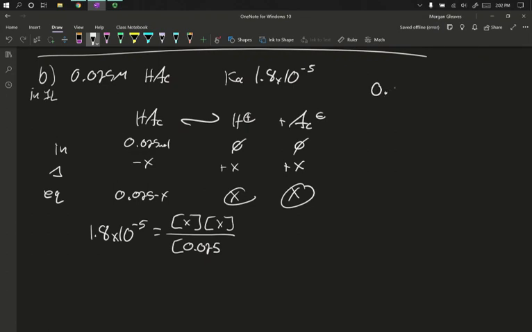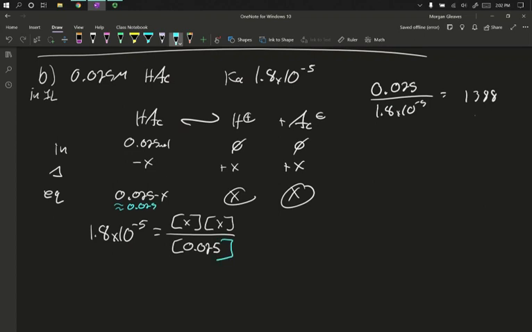Let's check our concentration: 0.025 acid divided by our Ka. If we check that, 1,388, yeah, that's greater than 400. So it's reasonable to make the simplifying assumption. We can assume that this is approximately 0.025 still.